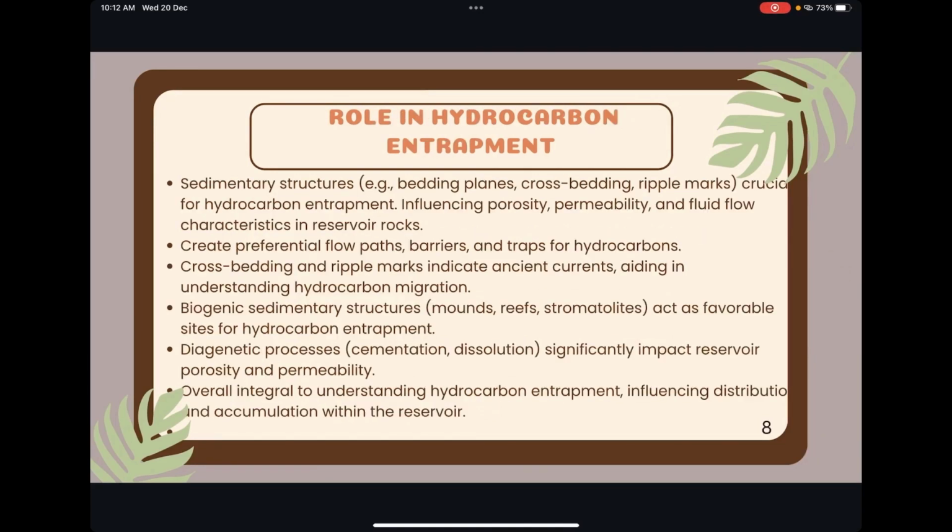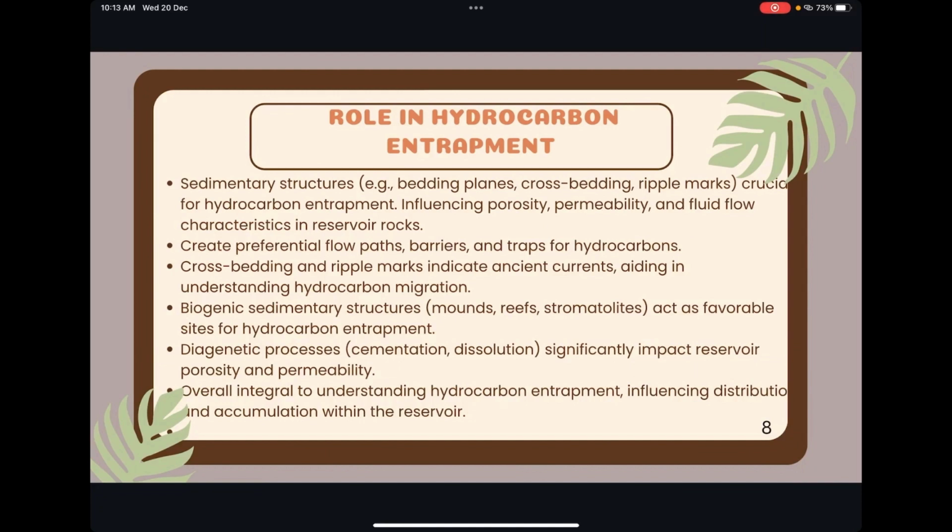Next is their role in hydrocarbon entrapment. Sedimentary structures, for example, bedding planes and cross bedding marks, are crucial for hydrocarbon entrapment, influencing porosity, permeability, and fluid flow characteristics in reservoir rocks. They can create preferential flow paths or barriers, also traps for hydrocarbons. Cross-bedding and ripple marks indicate ancient currents, helping in understanding hydrocarbon migration.